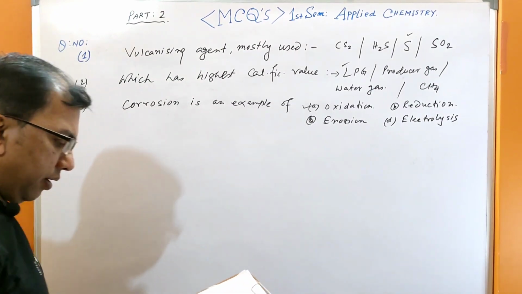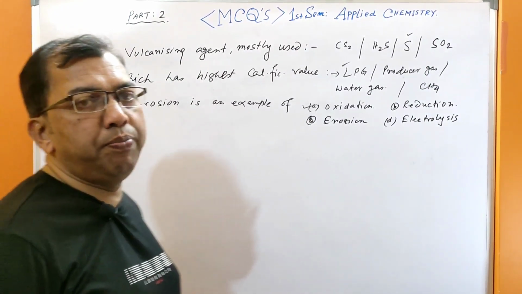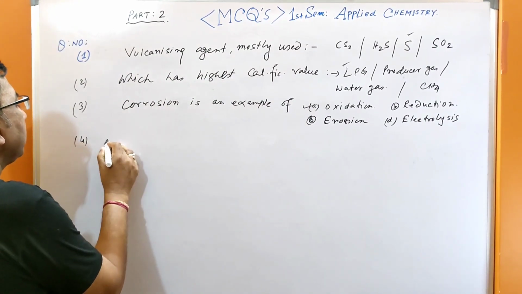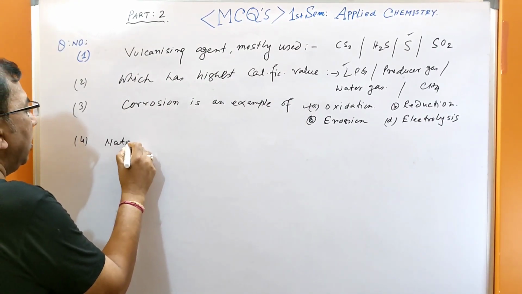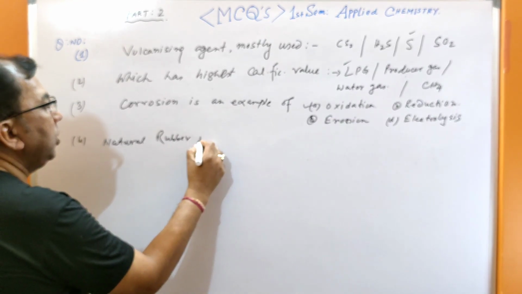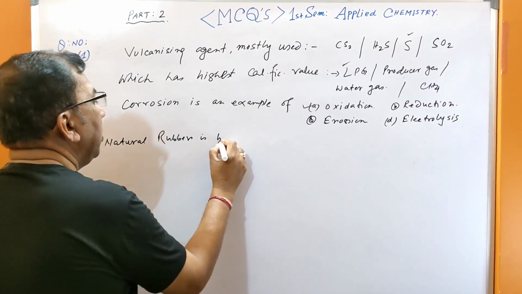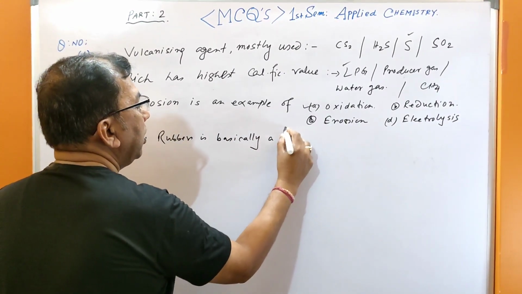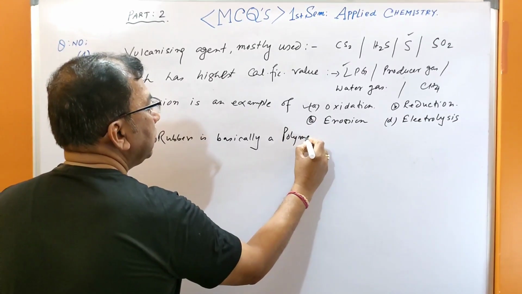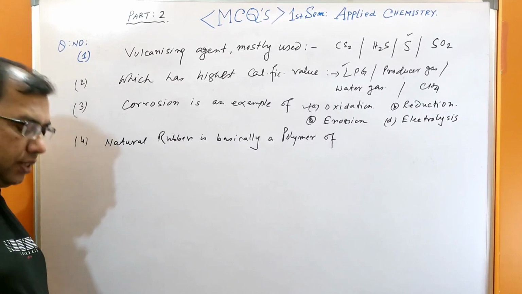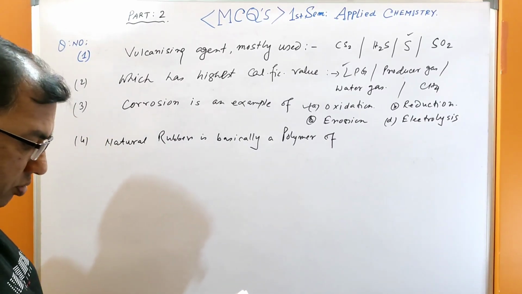Next, natural rubber is basically a polymer of. Write with me, natural rubber is basically a polymer of.